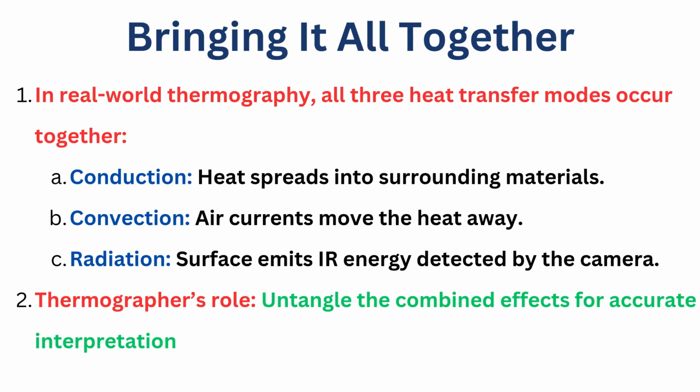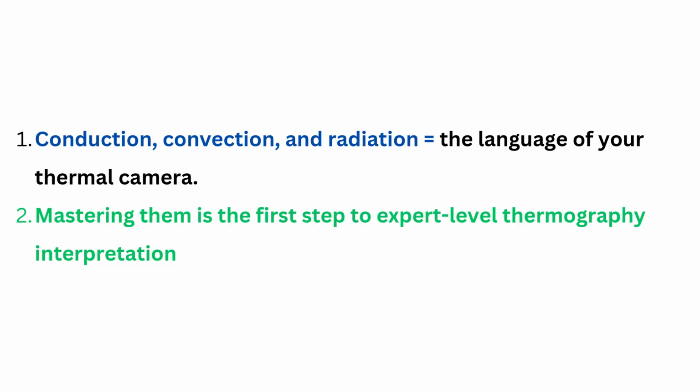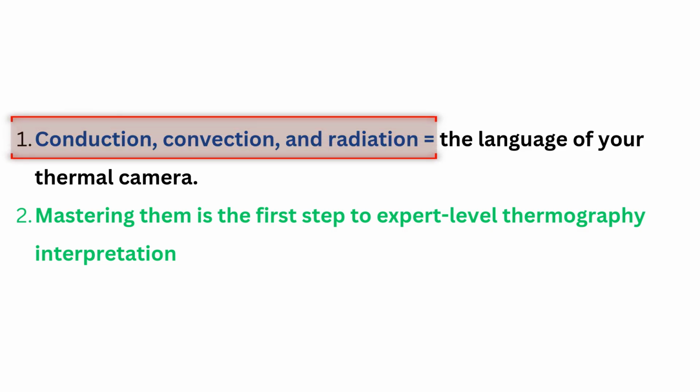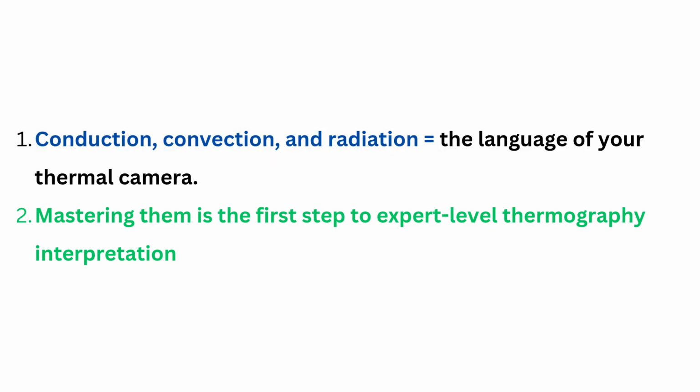So in the role of a thermographer, it's very important that we should have a proper thermal image by eliminating all these effects. So it's very important to have an understanding of all three principles of this heat transfer, that is conduction, convection and radiation. Otherwise we may end up with a wrong thermography image of an object, and definitely it will lead to the wrong analysis. So it's very important to master them.